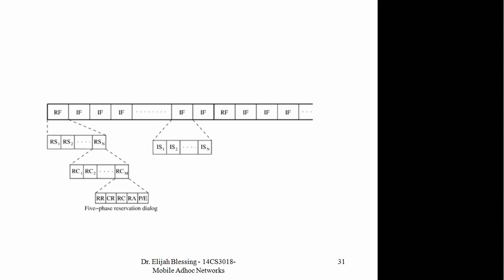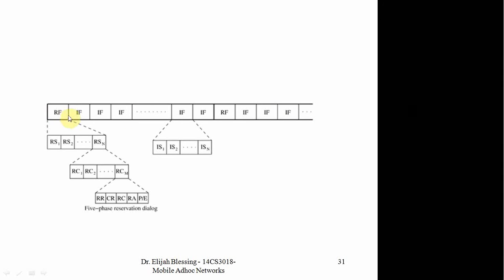Now let's try to understand a little bit better. This is the frame structure of this protocol. Now what do you look at? You have code words which show RF, IF, am I right? So when you look at this frame, it basically shows RF, IF and so on, and then an RF followed by certain IF frames.